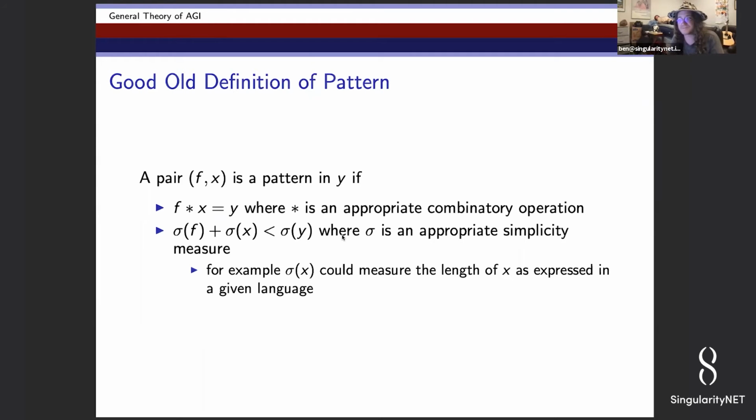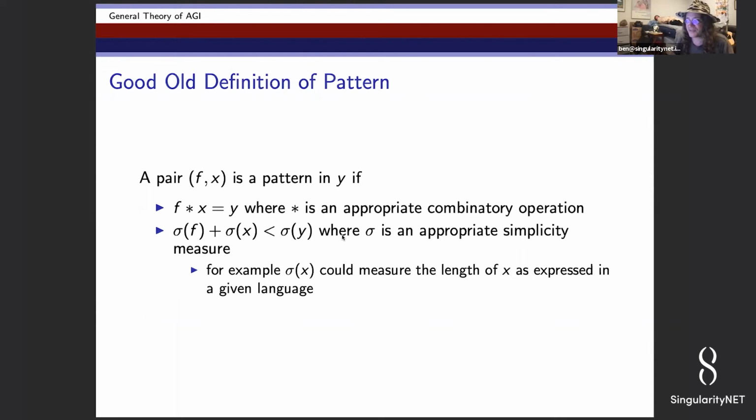So for example, if the complexity of f is just the length of f in a certain language, the complexity of x is the length of x in that language, the complexity of y is the length of y, then this basically means that the length of f plus the length of x is less than the length of y. So you've represented y in terms of stuff that in composite is shorter than y, right?